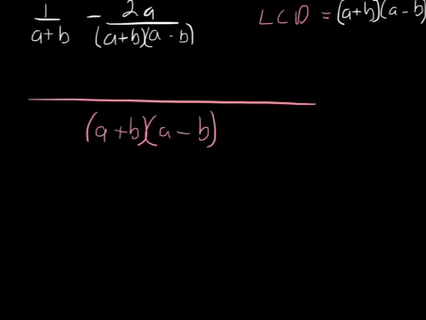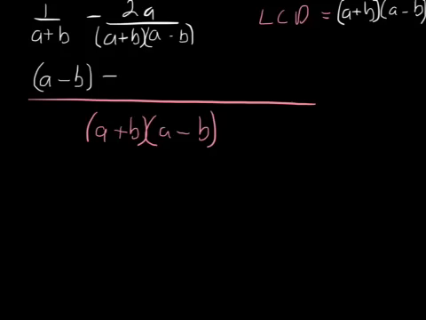So now, to get our fraction, here was an a plus b, so what's missing is that a minus b. So I need to multiply my numerator by what is missing. 1 times anything is itself, so I'm left with a minus b in brackets, just so it looks neater.